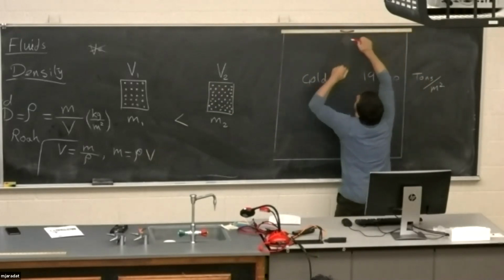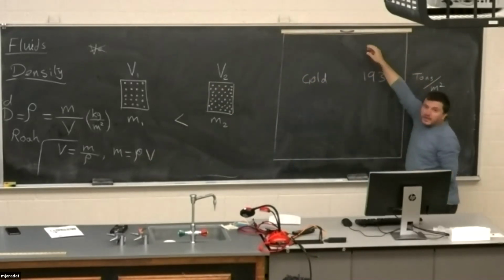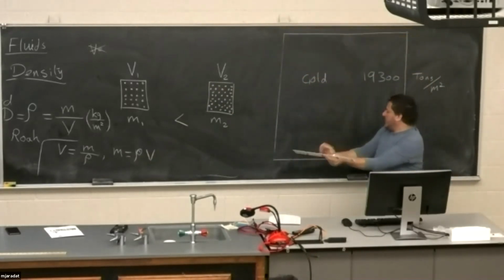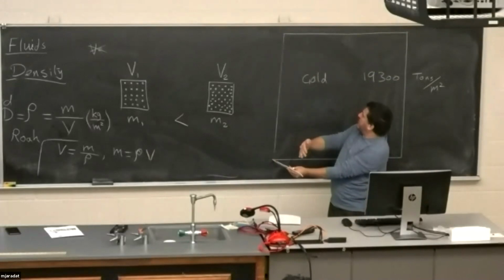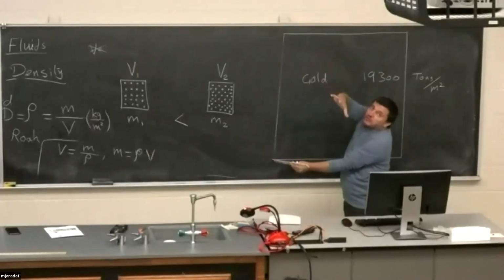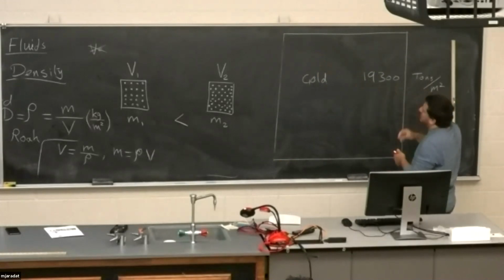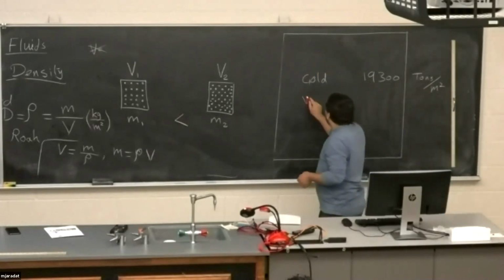Okay. And we have another dimension, which is the third dimension. This is a cubic meter. If you can imagine this cubic meter of gold, it is 19,300 kilograms.